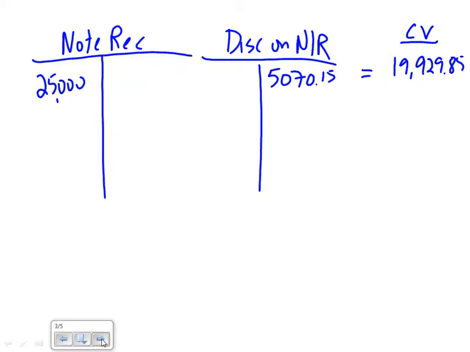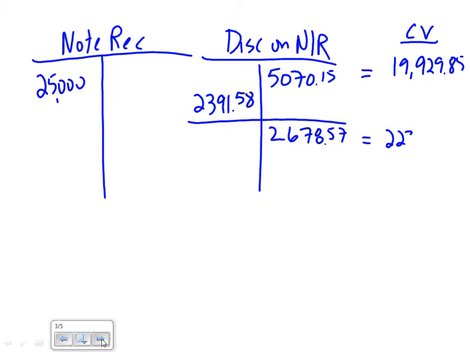Now remember, what happened that first period is I amortized $2,391.58, leaving me with a discount of $2,678.57, which has a carrying value then of $22,321.